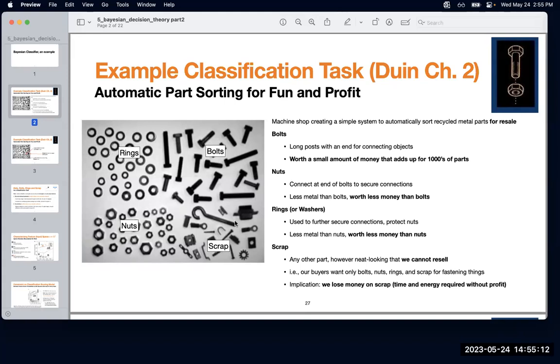So the focus here is that we want to classify those. Those would obviously be worth different amounts of money. I mean, rings, nuts, and bolts, right? But if they are scrap, you actually cannot resell those. So these would just be a waste of effort and energy and time.